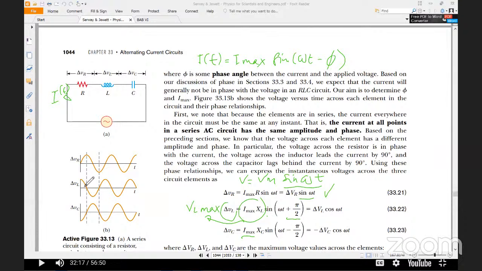Nah, ini kan sudah mendahului, muncul duluan ini yang puncaknya, yang lain kan masih di sini, selisih pi per 2. Apalagi yang VC, selisih pi. VC, antara VL dan VC. Ini kan selisihnya adalah pi. Plus pi per 2 dengan minus pi per 2 kan selisihnya adalah pi.